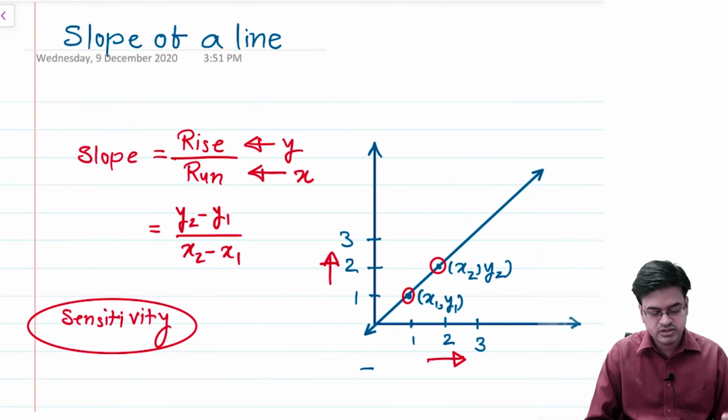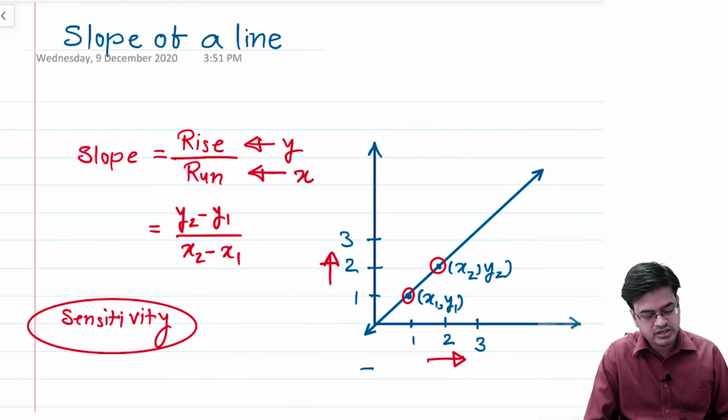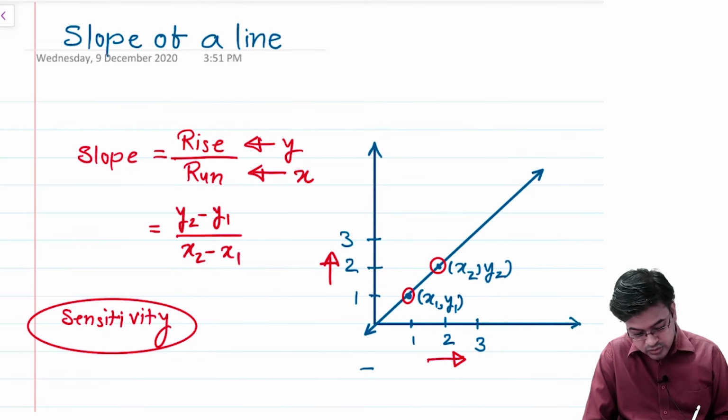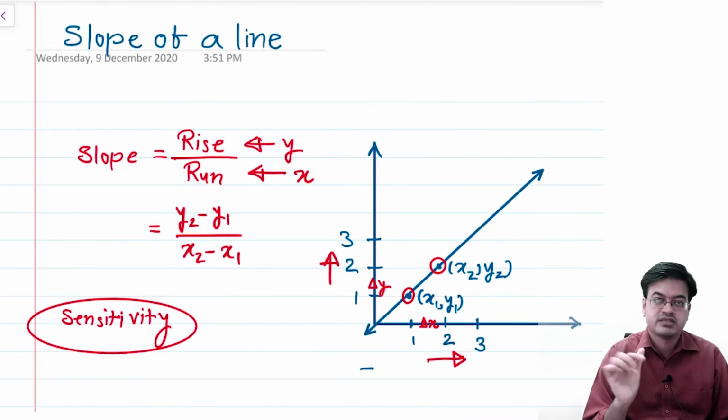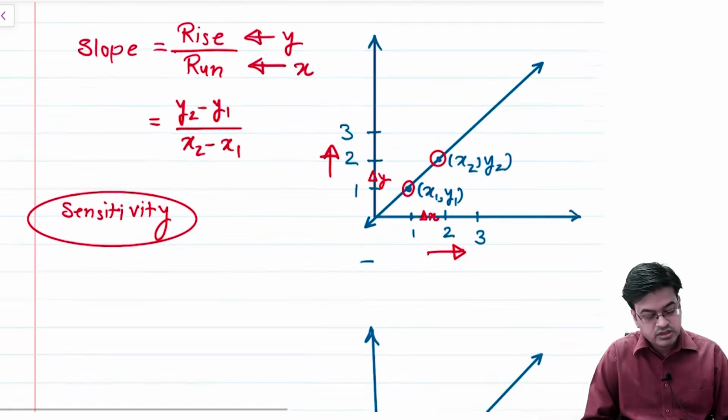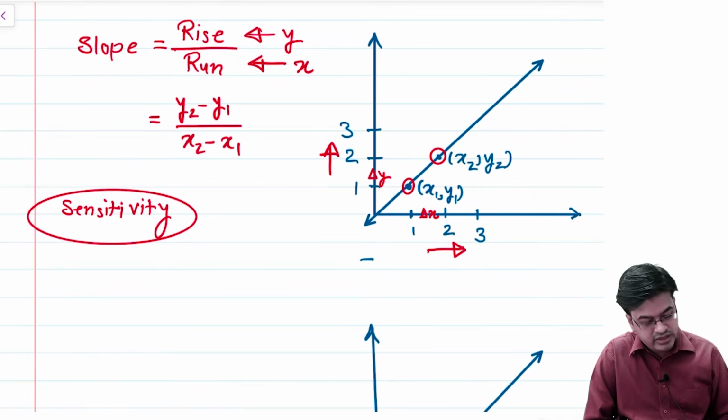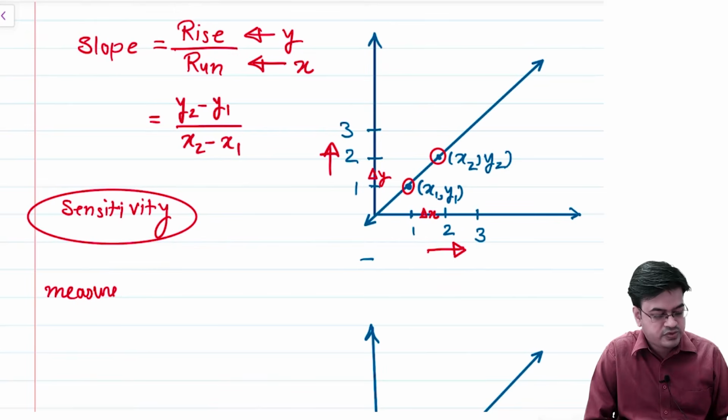It denotes, in the sense, how a small change in x affects the change in y. So if I change a small amount in x, will it affect significantly the change in y? Therefore, this particular term is said to measure the rate of change.